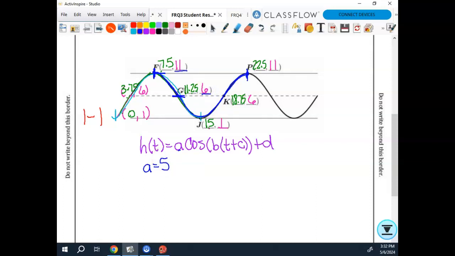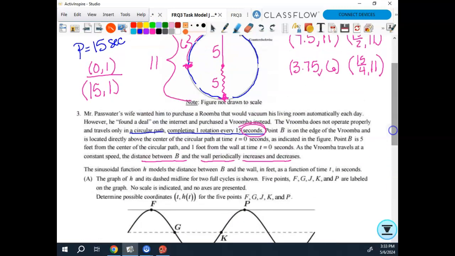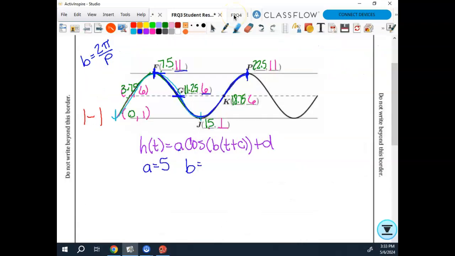Don't use your x values. We don't care about that right now. B, this is cosine. So to find b, that is 2 pi divided by the period. Well, we already decided over here that since it takes one rotation every 15 seconds, my period is 15 seconds. So this is 2 pi divided by 15, which we can't reduce. So that's it.